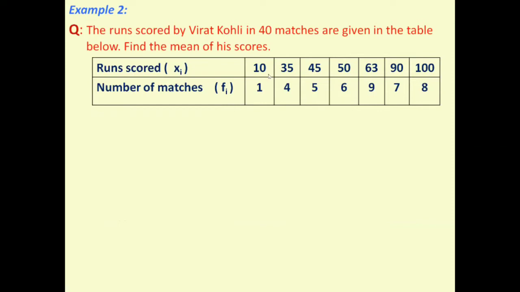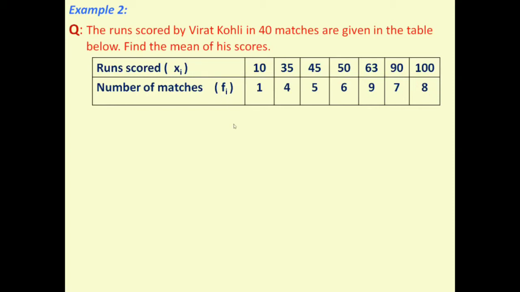Virat Kohli scored 10 runs in one match, 35 runs in 4 matches, 45 runs in 5 matches, 50 runs in 6 matches, 63 runs in 9 matches, 90 runs in 7 matches, 100 runs in 8 matches. Total 40 matches.